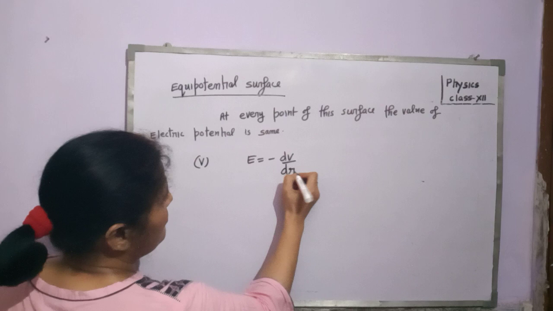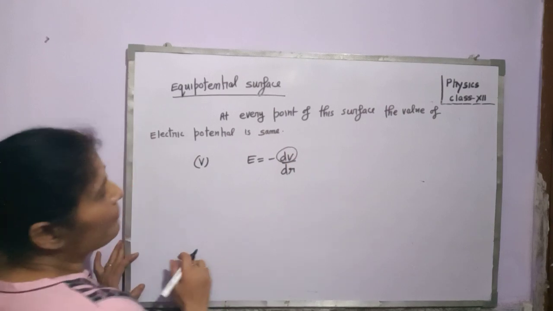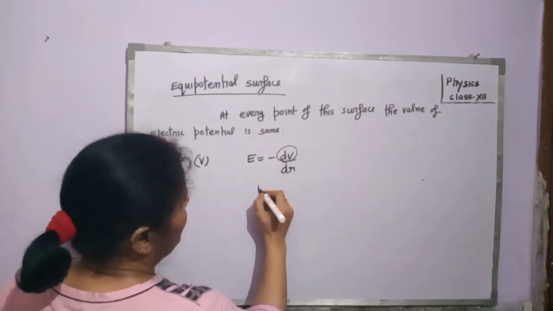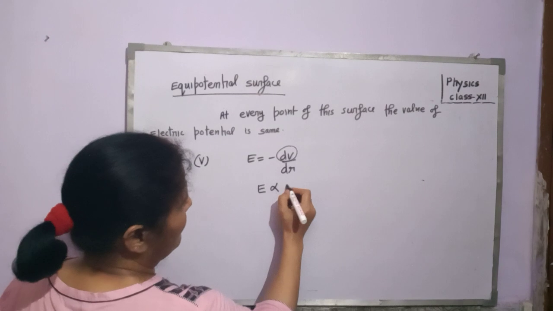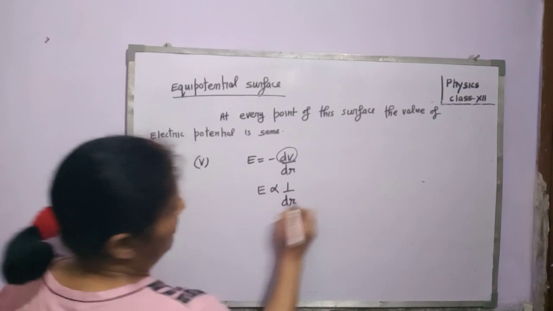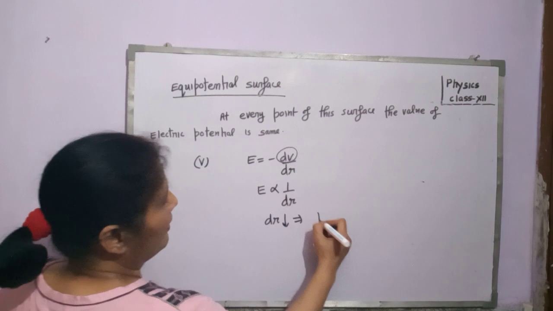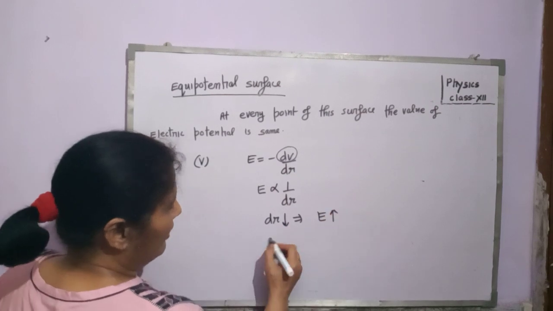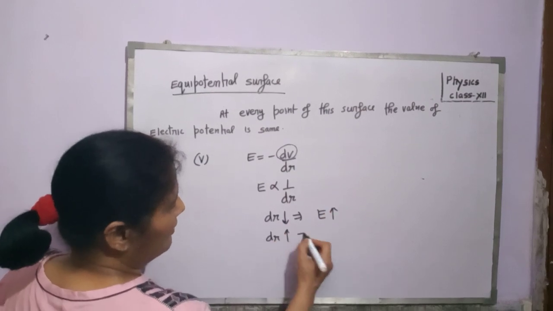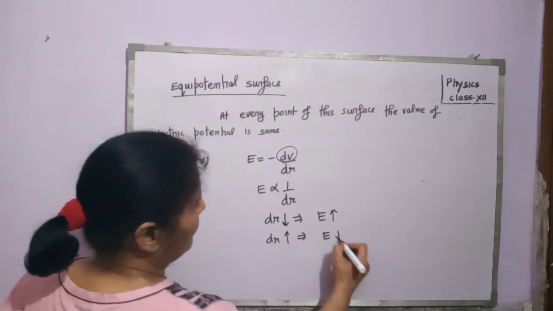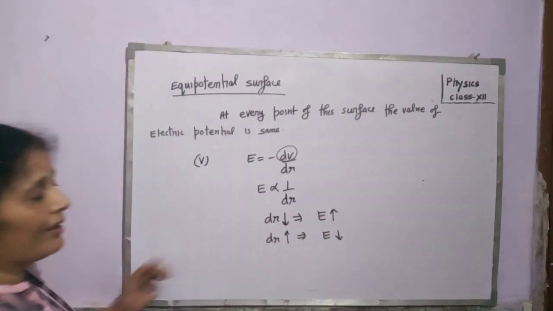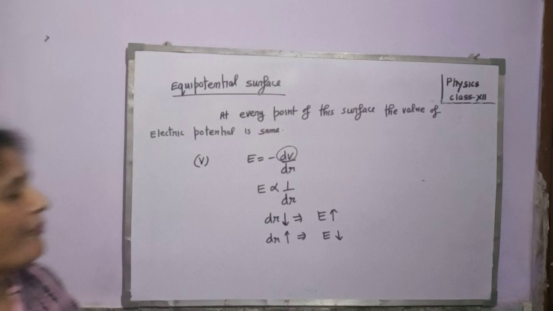Now the last property, the fifth property. You know E is equal to minus dV upon dr. You can see here, this is your potential. It is constant. E is inversely proportional to dr. If dr decreases, this implies that E increases. If dr increases, this implies that E decreases. What is dr? dr is the separation between the equipotential surfaces.